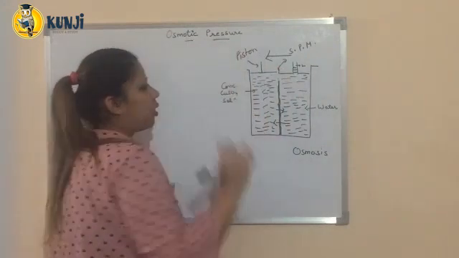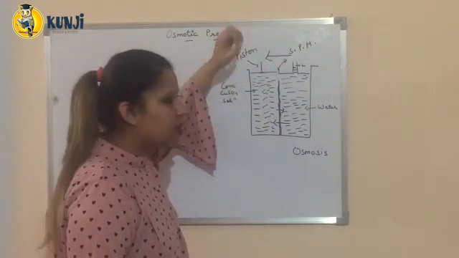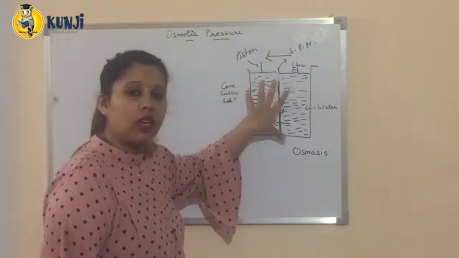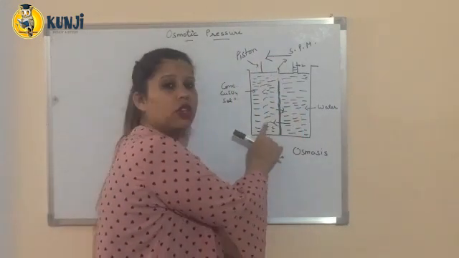Osmotic pressure means the minimum excess pressure that has to be applied on the solution side so as to stop the movement from solvent to the solution.